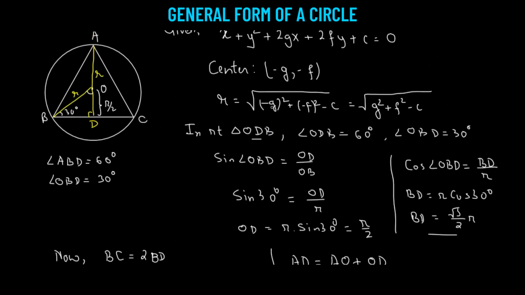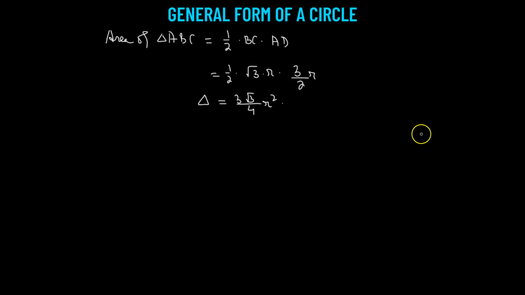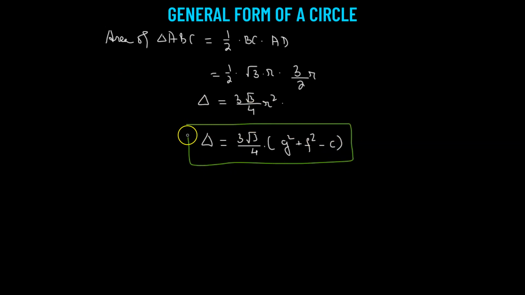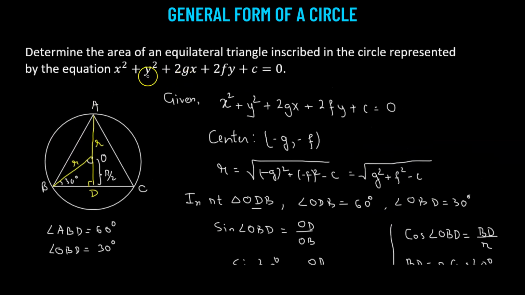Coming to the value of r, we have already defined that r is given by square root of g squared plus f squared minus c. So we'll replace the value. We get delta equals 3 times square root of 3 over 4 multiplied by g squared plus f squared minus c. So this is going to be the area of an equilateral triangle that is inscribed within the circle whose general equation is given to us.